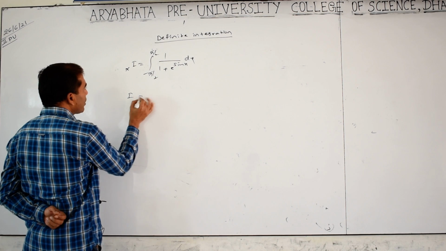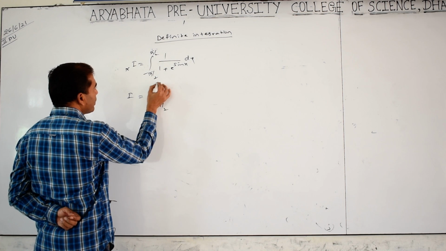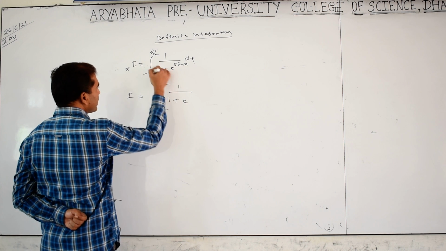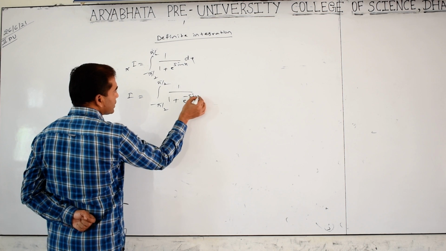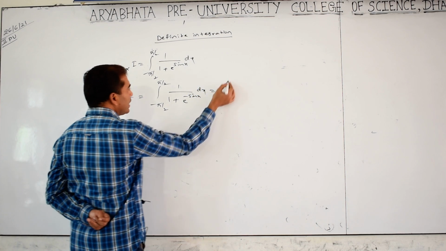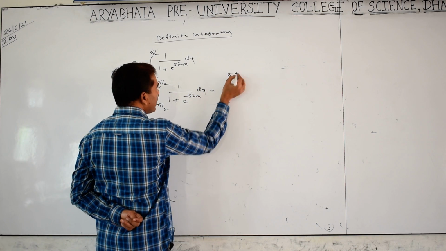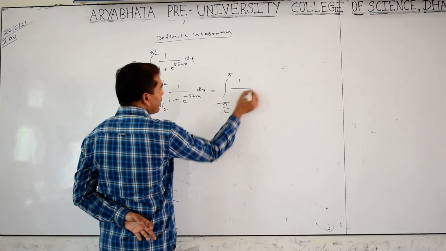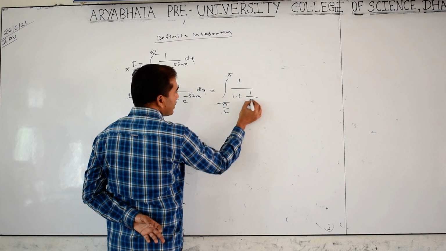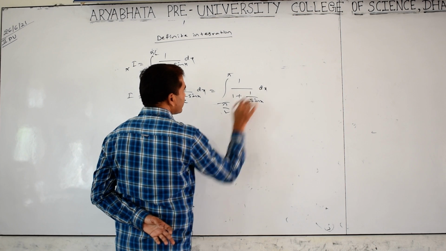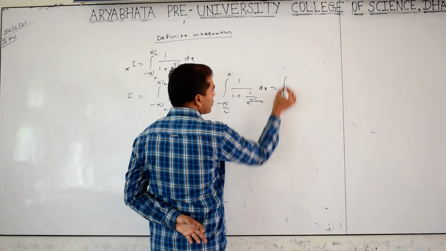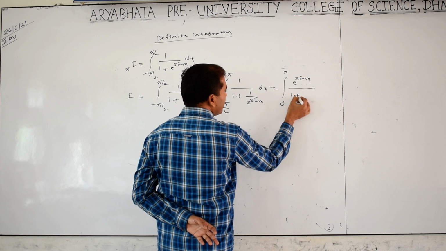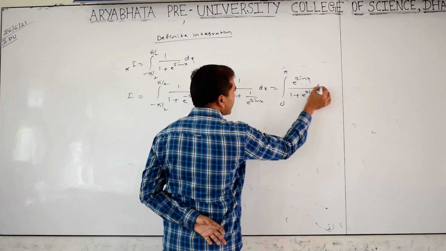Use the property: integration from minus pi by 2 to plus pi by 2 of 1 by 1 plus e power sin of (minus x), in place of x, using the sum of the limits minus x, which gives 1 by 1 plus 1 by e power sin x, that is e power sin x by 1 plus e power sin x dx.